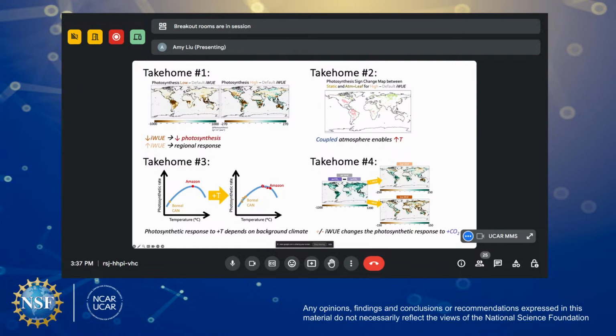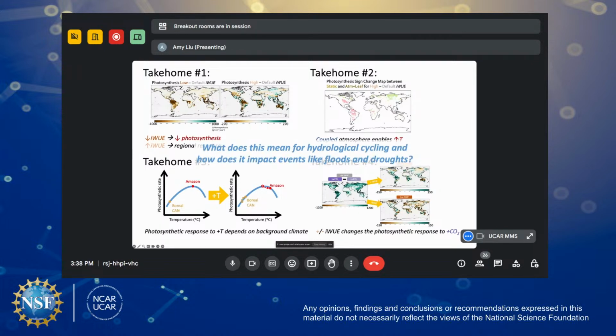Our take-home point 2 is that a coupled atmosphere can give us a different climate response. In our case, temperature increases, which affects what kind of photosynthetic response we get, which leads to take-home point number 3, that photosynthetic response to increased temperature depends on the background climate. And our final take-home point is that intrinsic water use efficiency perturbation changes the photosynthetic response to increased carbon dioxide.